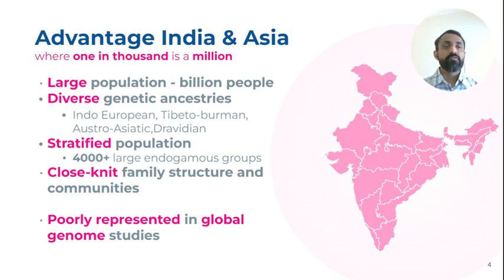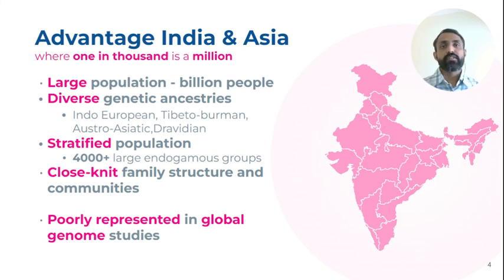It's estimated to have around 4,000 odd endogamous groups. And unlike many countries across the world, we still have a close-knit family structure and are largely undisplaced by global events in the last few centuries, including world wars, massive wars, and famines. India was largely undisplaced for many generations altogether.